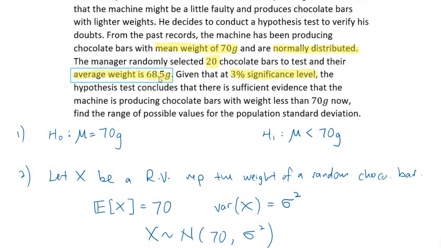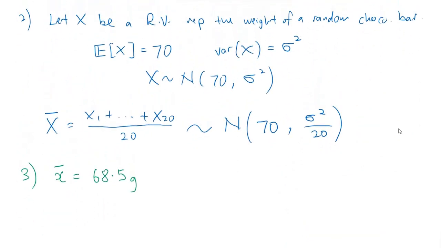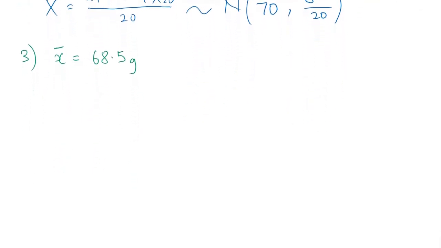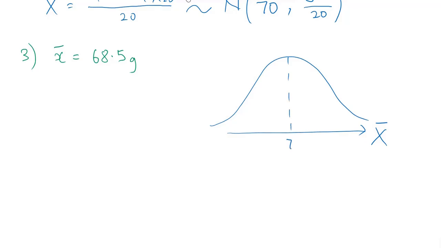The average weight is 68.5. Once I have these two pieces of information, the capital X bar and the little x bar, I always like to draw my graph. So my graph, I'll draw like that. X bar is a bell curve. The mean is given as 70.